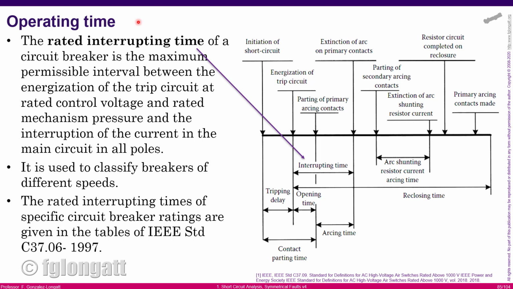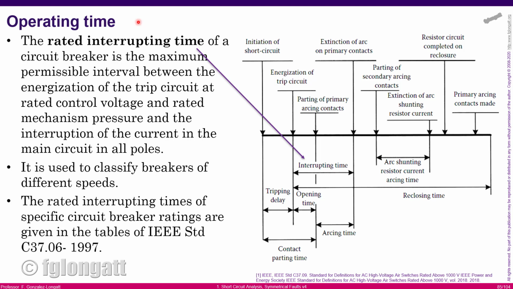The interrupting time has mainly two components. One, the contacts start to separate, and there is an arc that is created between the contacts, the fixed contact and the moving contact, and this arc starts to get longer and longer, and starts to be cooled down by the mechanism, for instance vacuum, air, or SF6.